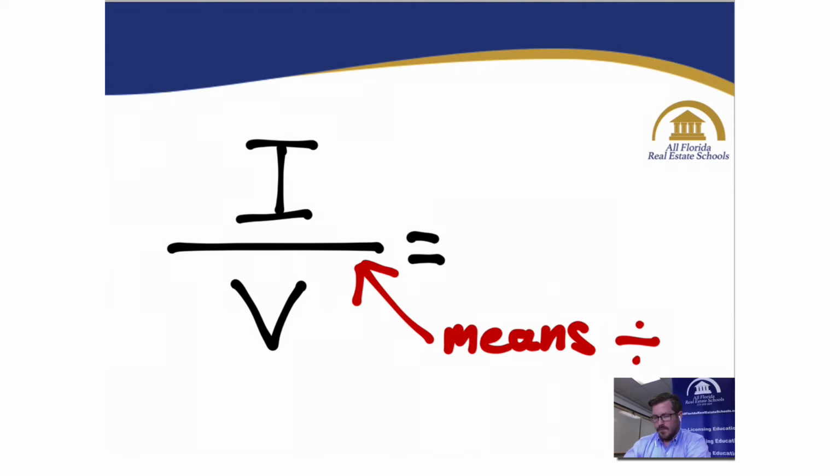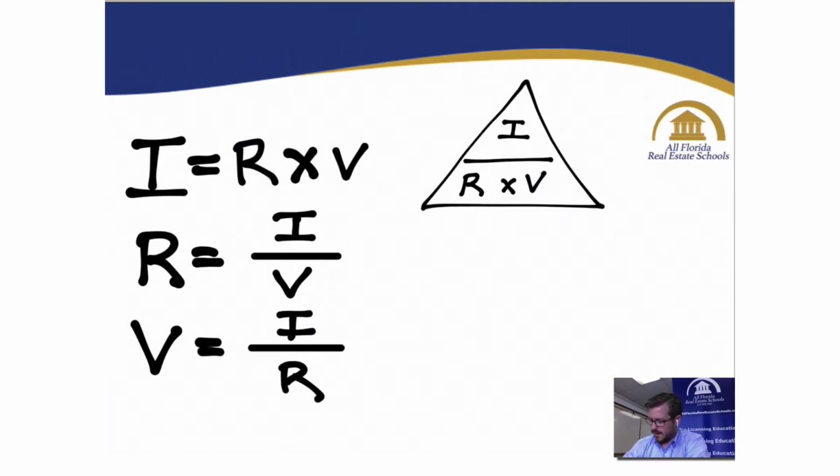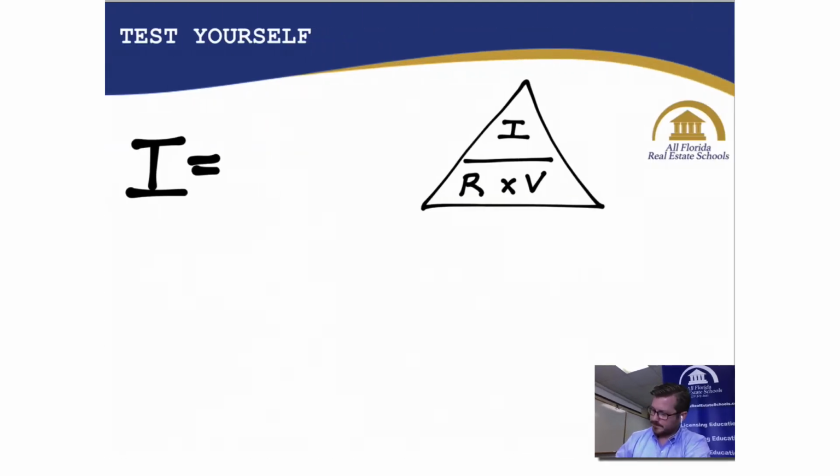So income over value is the same as writing income divided by value. Again, value equals income over rate, so value also equals income divided by rate. And that's exactly how we would put that in our calculator when we're going to solve for this.